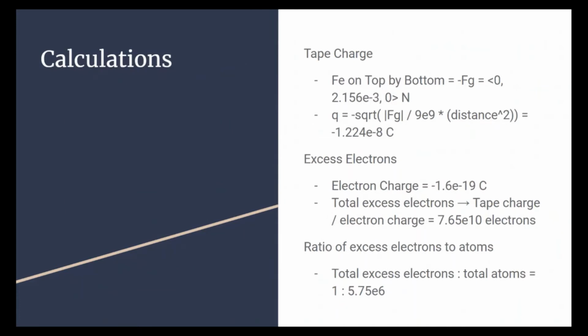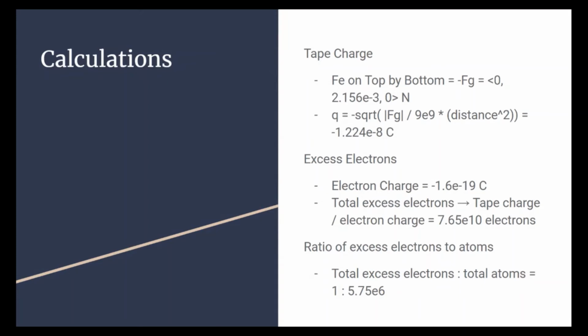With these measurements, as well as the values we calculated before, we now calculate the tape charge. We first find the electric force by the bottom tape onto the top tape, which came out to be 2.156 times 10 to the negative 3 newtons in the positive y. We then use Coulomb's law to find the charge of the tape, which is negative 1.224 times 10 to the negative 8 coulombs.